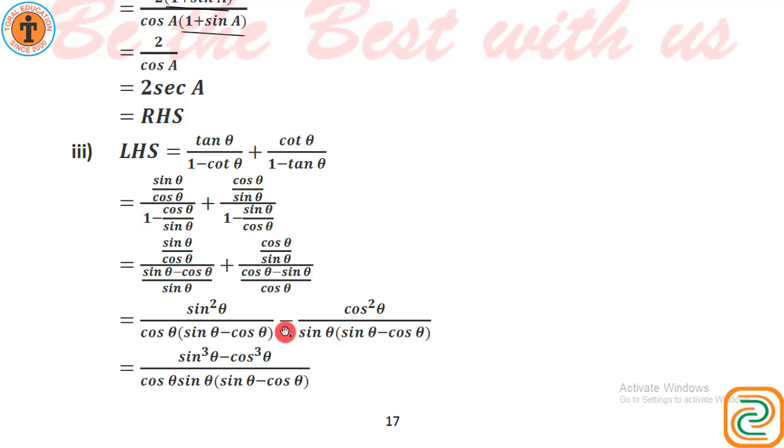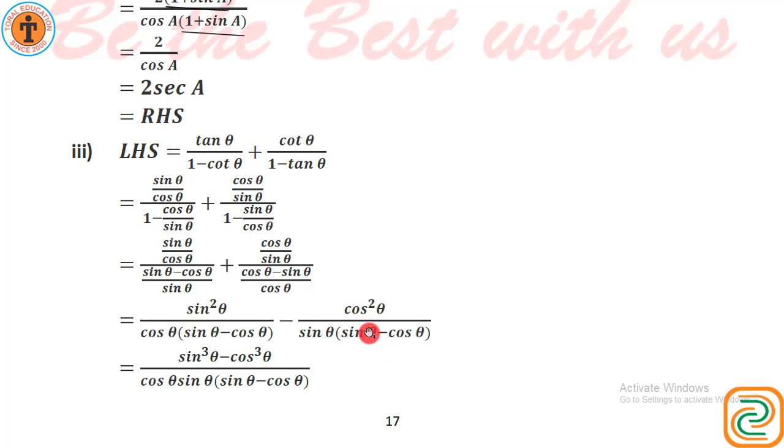So here I have changed the sign, minus denominator. Similarly, cos theta will go to the numerator, that is cos square theta, and sin theta goes to denominator. So minus cos square theta upon sin square theta into bracket sin theta minus cos theta.